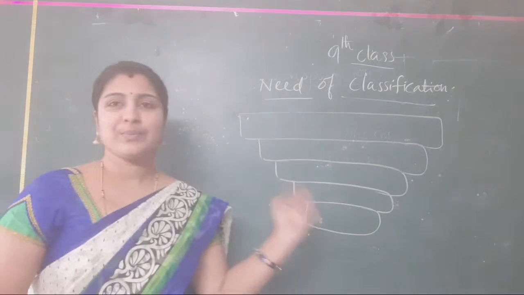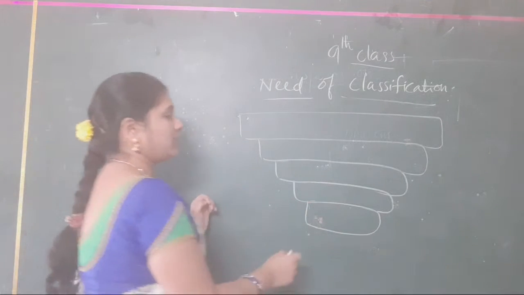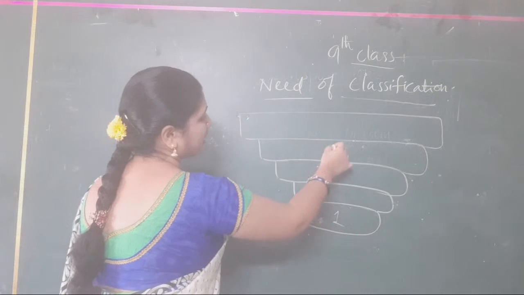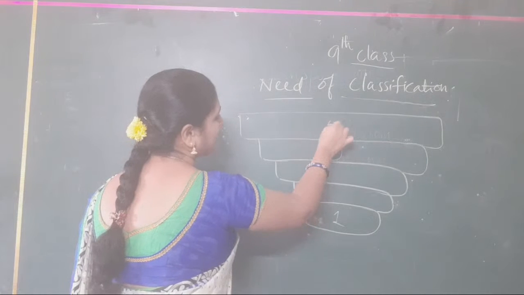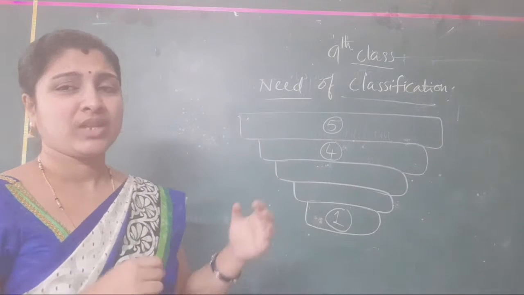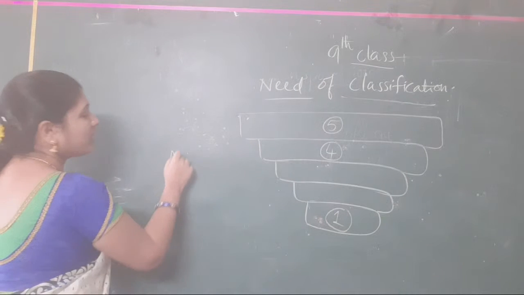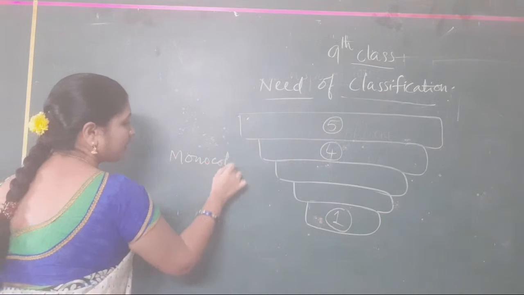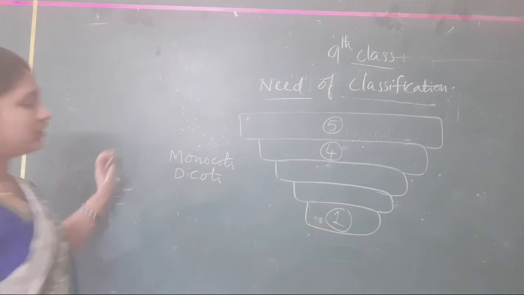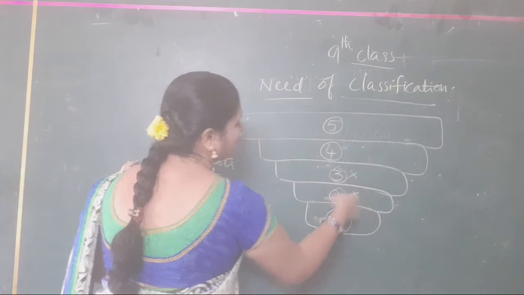These are steps, stairs like that. Say the first place is filled up, the fourth place is filled up, the fifth place is filled up. Just for our understanding, I am saying that two divisions are present here: one is monocots and another is dicots. So this one is the second place, this one is the third place. This one is not filled.